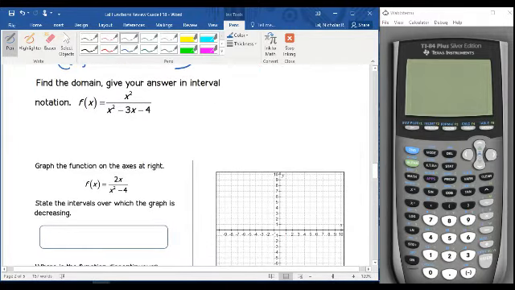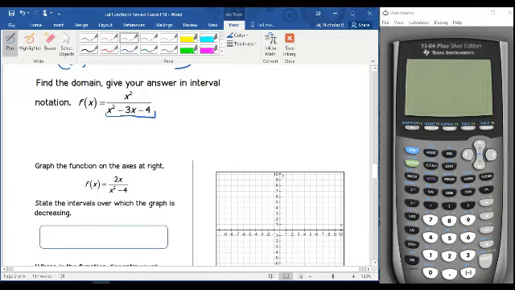Now find the domain, and write your answer in interval notation. The main thing we have to worry about for the domain is that we have a denominator, and we make sure the denominator is not equal to 0. Whenever we have a denominator like this, we have to factor it.